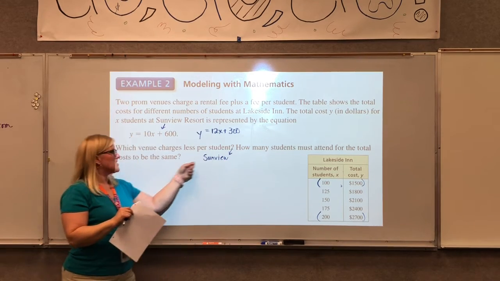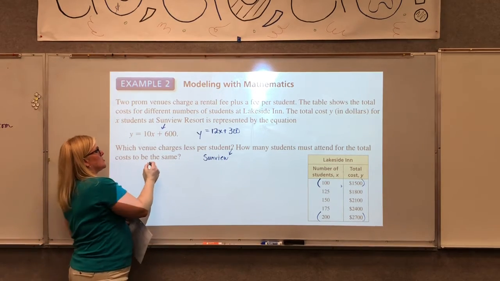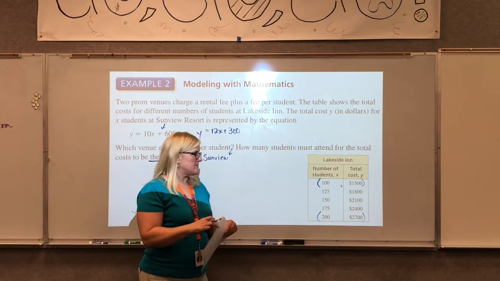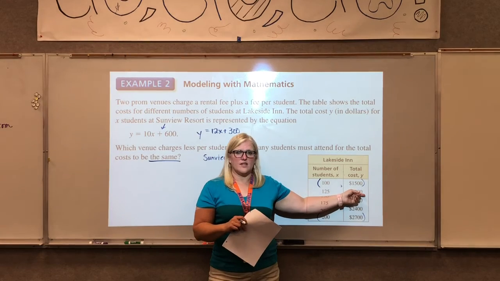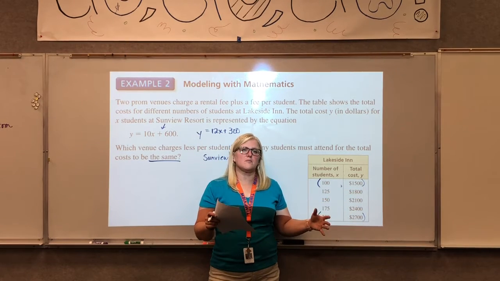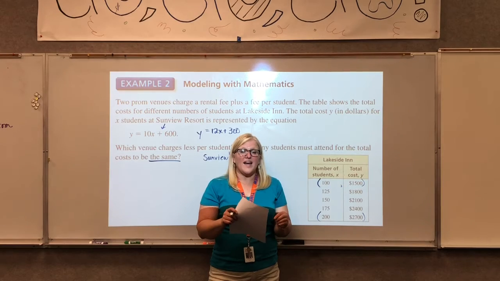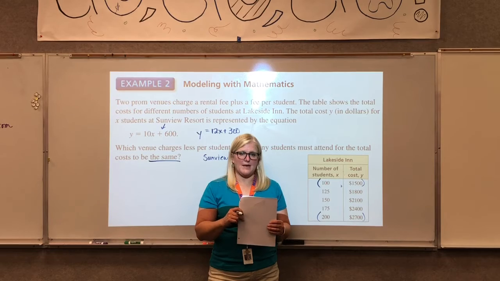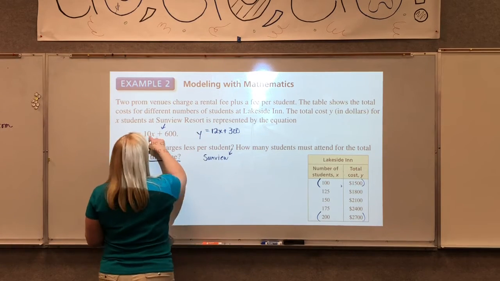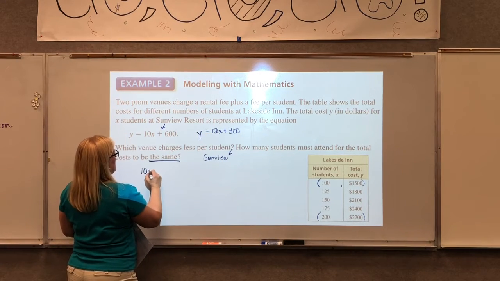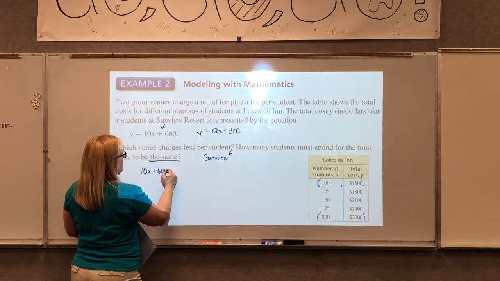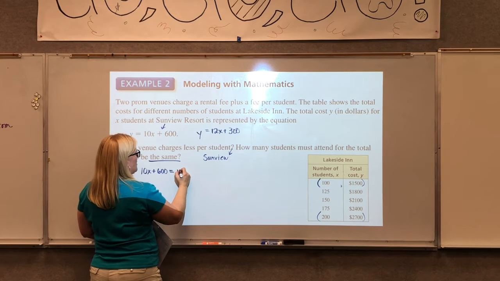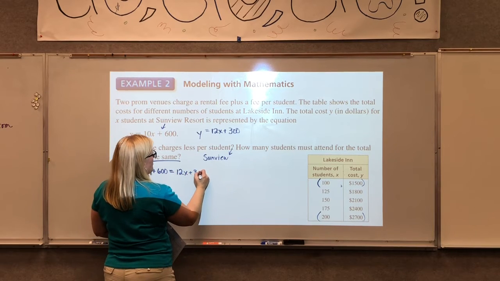How many students must attend for the total costs to be the same? Well, what represents the cost? That's y. So in order for the cost to be the same, the y's have to be the same, and then we can put them equal to each other. So I'm going to take 10x plus 600 equals y, it's the cost, and I want the cost to be the same, so I set these two equal to each other.